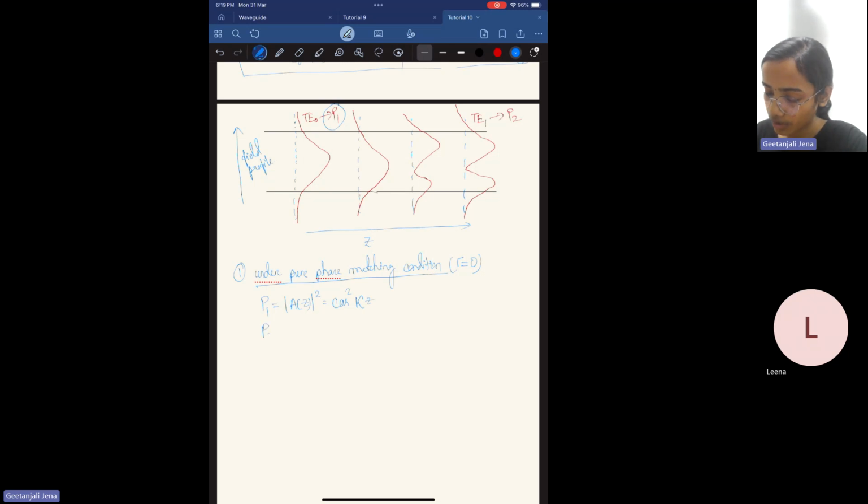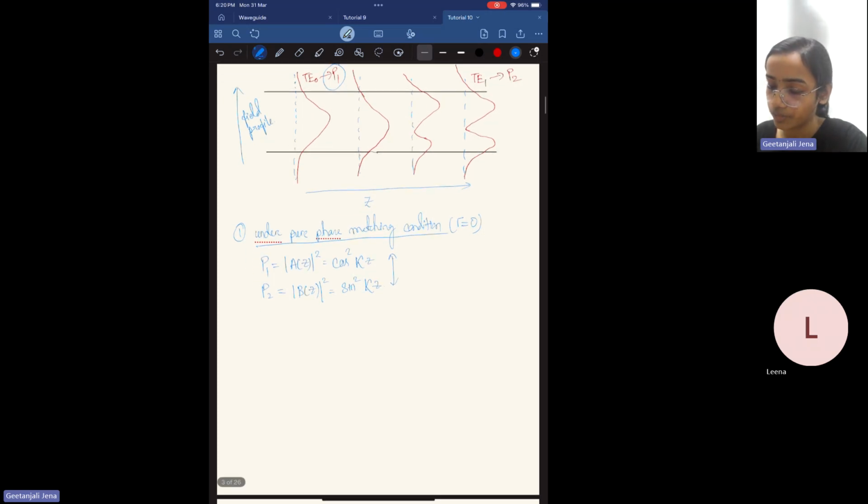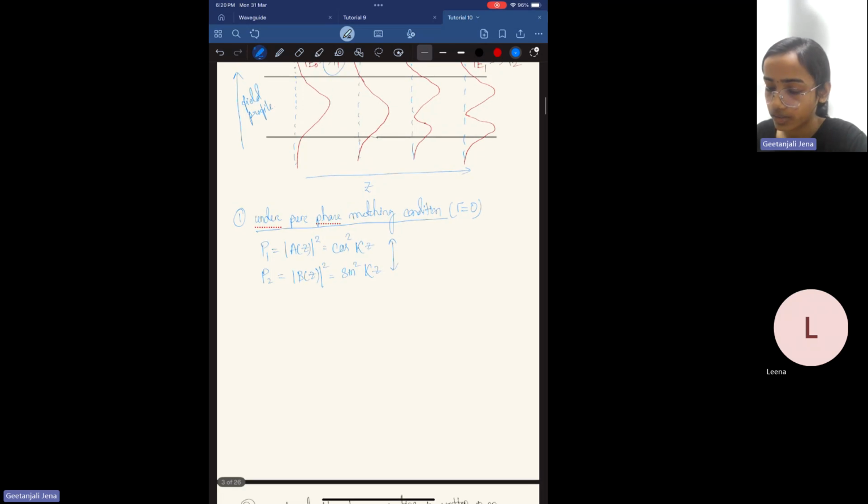For the T1 mode, this is P2, the square of B(z), which is sine square kappa z. This is more or less similar to what we have seen in the directional coupler, so we don't have to remember that much. If you take the analogy, you can easily identify the expressions for P1 and P2.